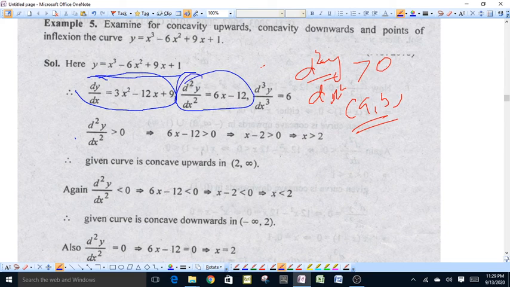Clearly d2y upon dx square, that is 6x minus 12, will be positive when x minus 2 is positive.